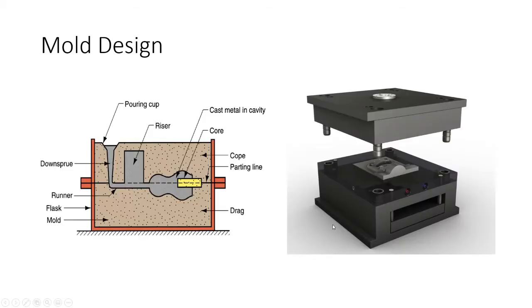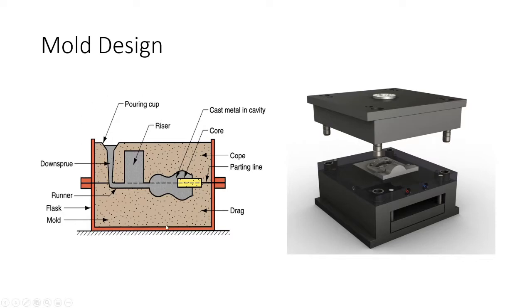Okay, so let's first talk about mold design. Mold designs, or particularly molds, are used to create products. It can be a final product or can be a prototype product. There are different important components to it.